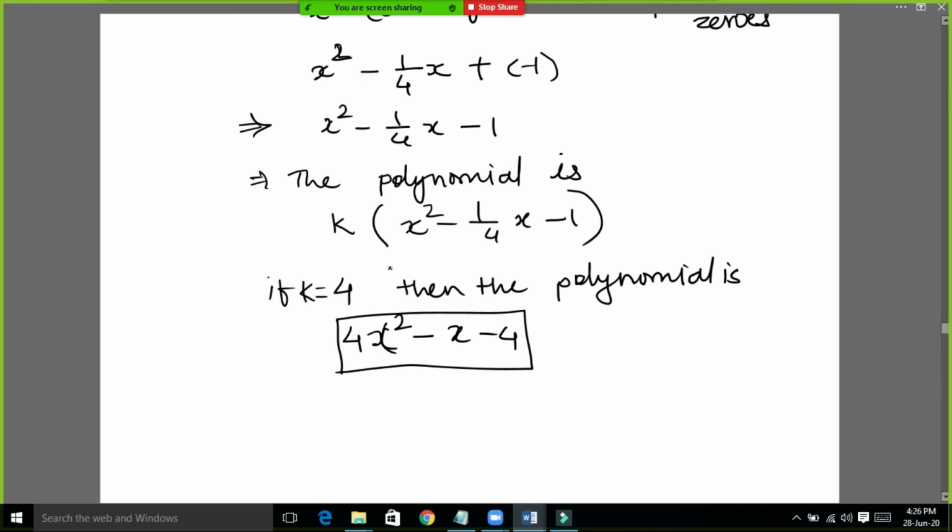We just take the LCM as 4. We already explained that it is a multiple of some constant k equal to 4, and this constant k is obtained from taking the LCM of the whole polynomial. So we multiply with 4, giving 4x² − x − 4, because LCM is 4 here. So this is the required polynomial, that is 4x² − x − 4.